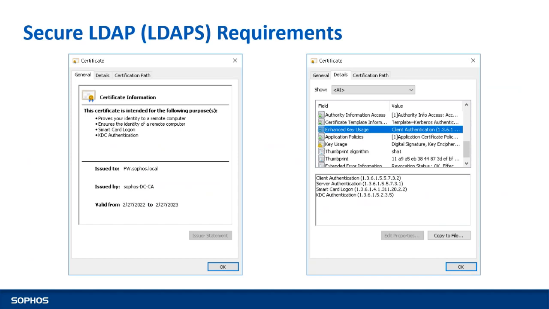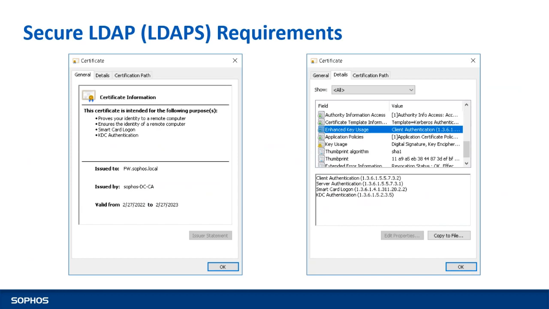This shows an example of a certificate that has been issued to the firewall by the organization's Active Directory. A requirement of the certificate is that the enhanced key usage extension needs to include server authentication.